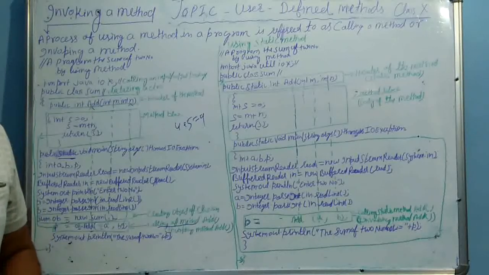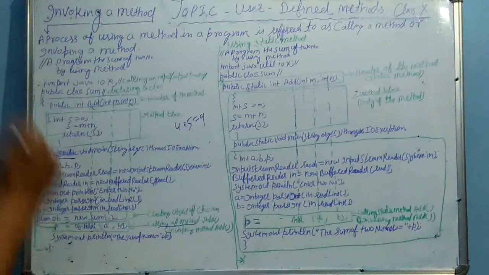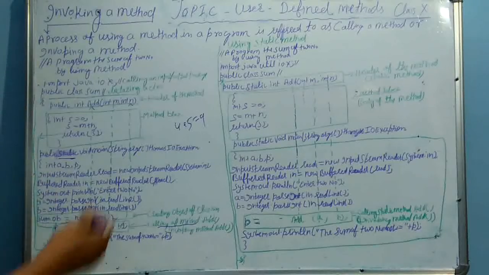In this case, the method add is declared static. The main function and the method are compatible to communicate with each other.